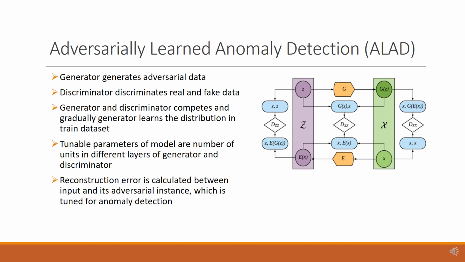So we tune this reconstruction error so that we have better result. So this reconstruction error is basically one of the tuning parameters, and the other tuning parameters are basically number of units, number of hidden layers, and the other parameters.